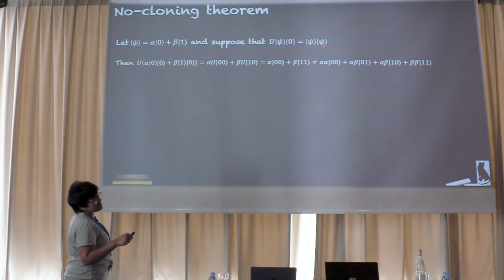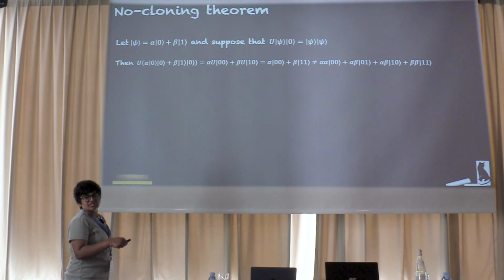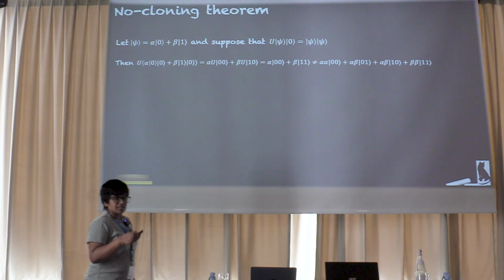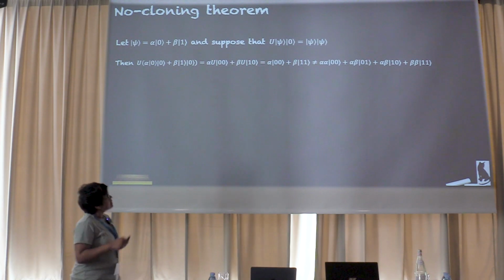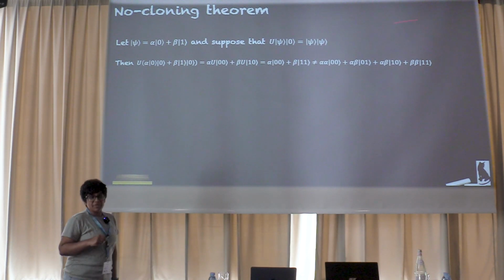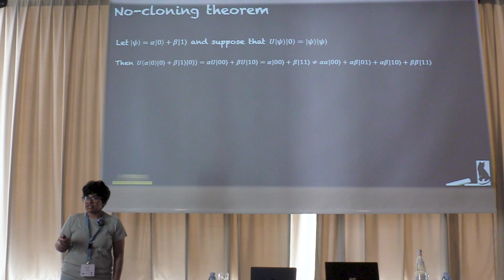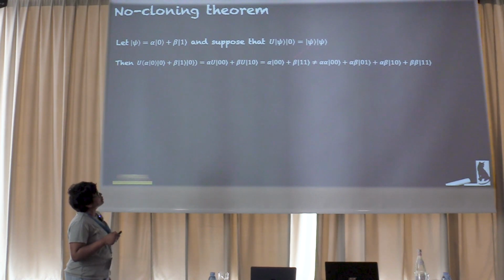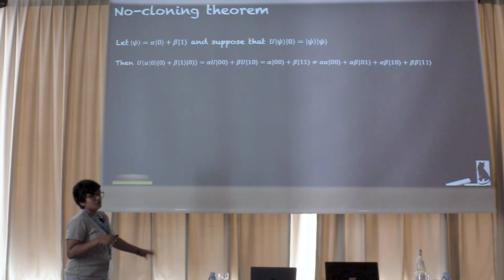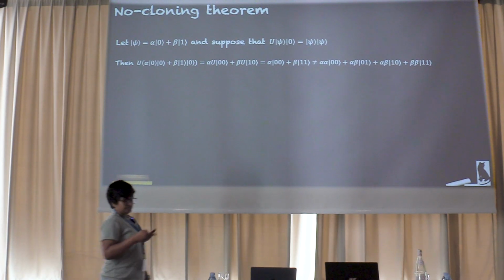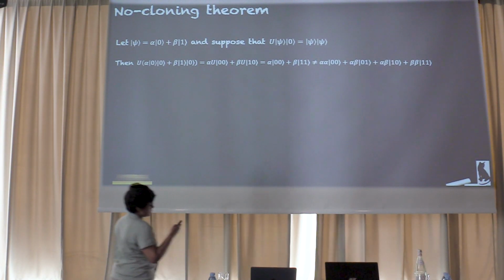If I open the tensor product of psi and psi, with alpha and beta as vectors, you will actually get this state. But when you apply the unitary linearly, you get this state, which is not equal. So this shows that there doesn't exist any unitary that can do copying on any arbitrary psi state. Instead, it can only copy if your state is 1 or 0. Yeah? Cool.